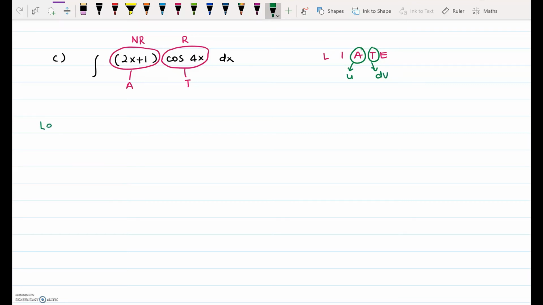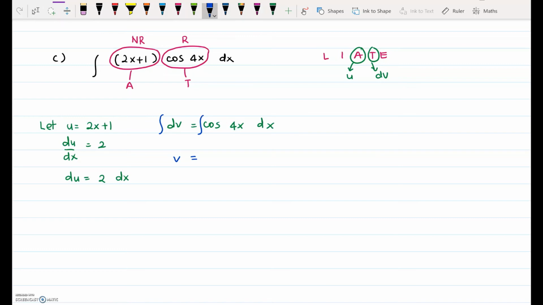Let u be 2x plus 1 and your dv will be cos of 4x dx. Don't forget to bring along your dx. Next we differentiate du dx, then we have 2, and your du will be 2 dx.